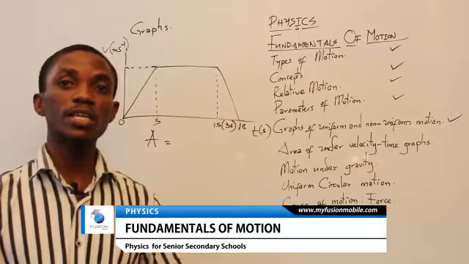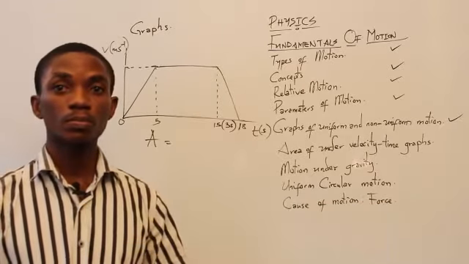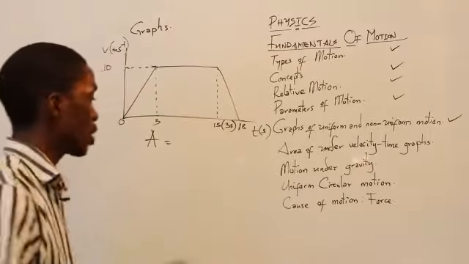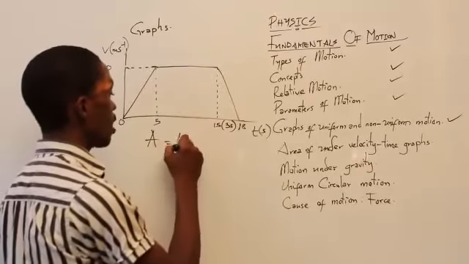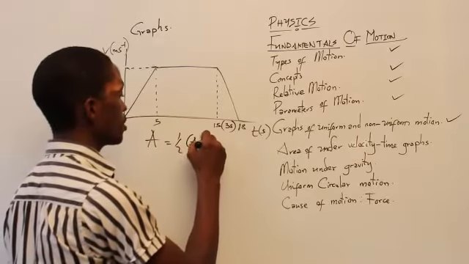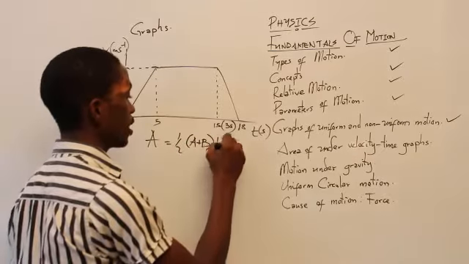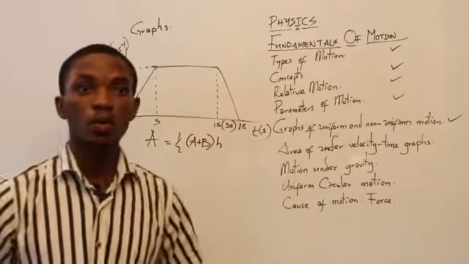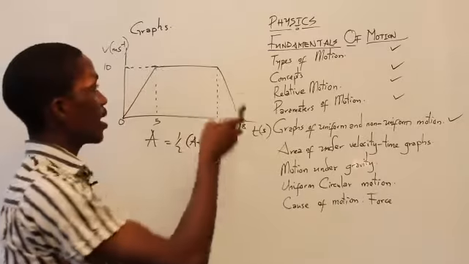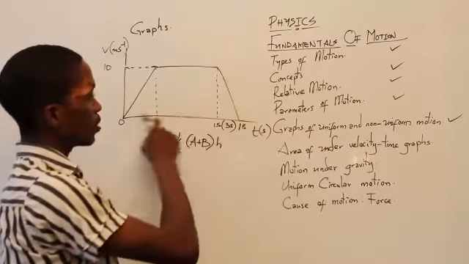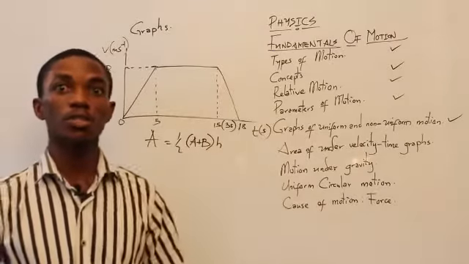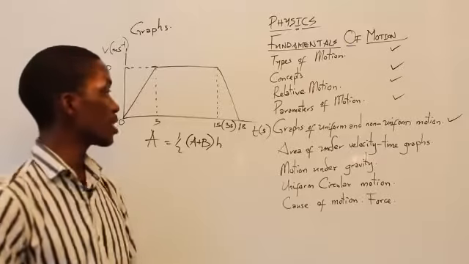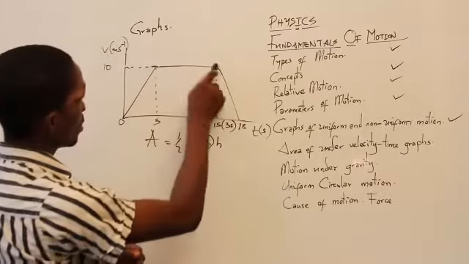What's the formula for calculating the area of a trapezium? The formula is half in bracket A plus B multiplied by H. A and B will be the horizontal lines, of course, since they are the ones parallel to each other. So in this case, we'll take our measurement from ear to ear.